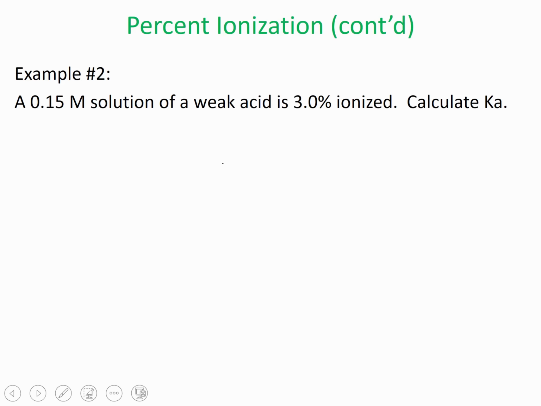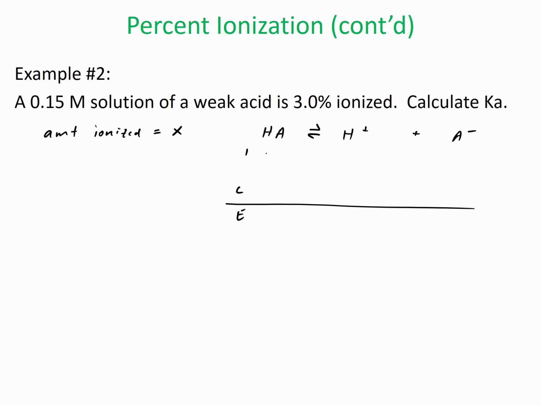Okay, so the amount ionized is x again. Let me write out our ICE table here. They gave us this number, 0.15, which is the initial amount. 0, 0.